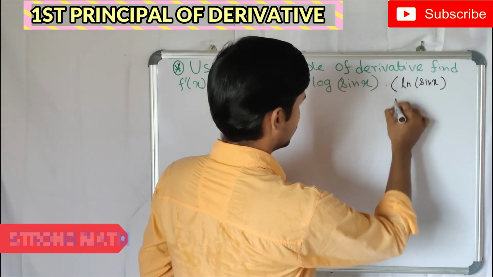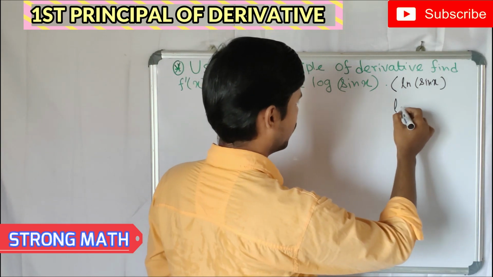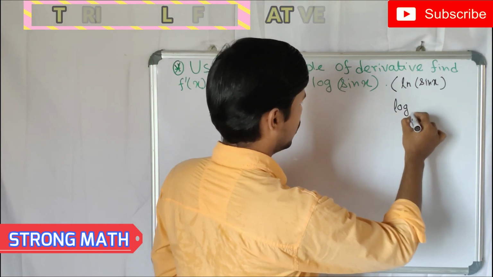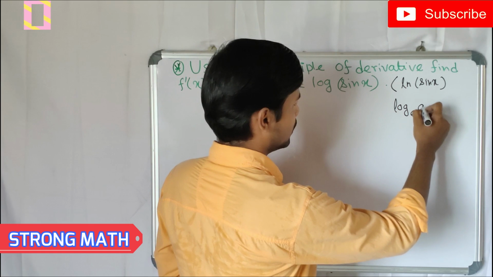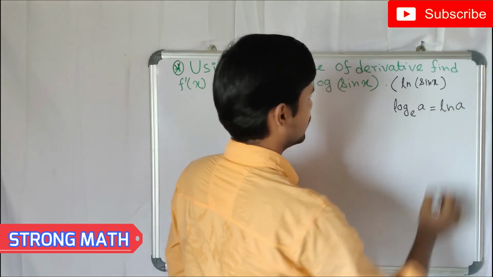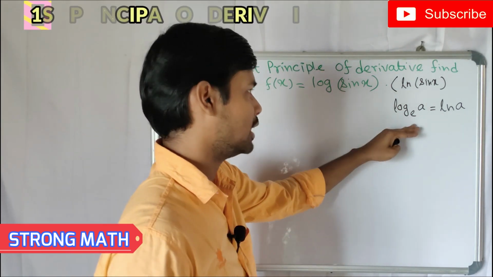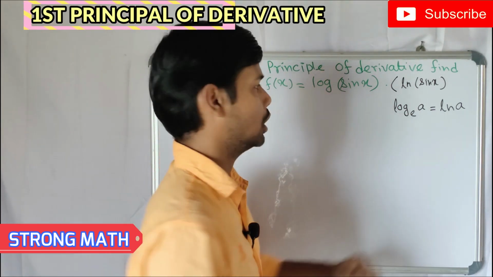You know there are two types of logarithms with two different bases. If it is log base e of a, we write it ln a. This is the natural log. When the base is e, we say the logarithm is the natural log.